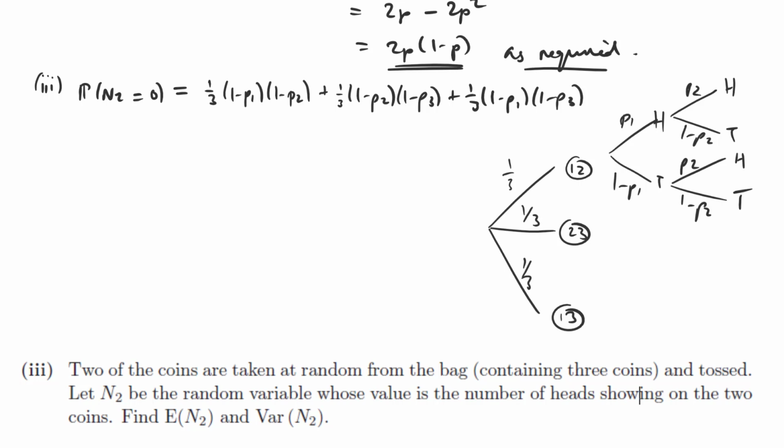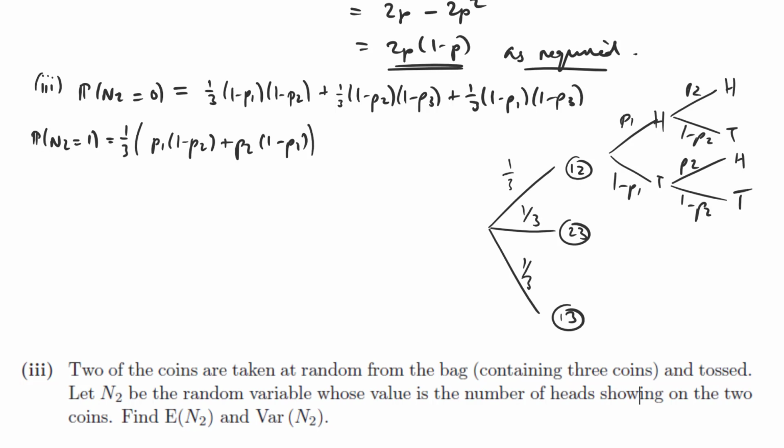Right? So actually then the probability that n2 is 1, again this time I've got 1/3 times some different options here. If it's p1 and p2 as the other coins, it's going to be p1 (1 minus p2) plus p2 (1 minus p1).